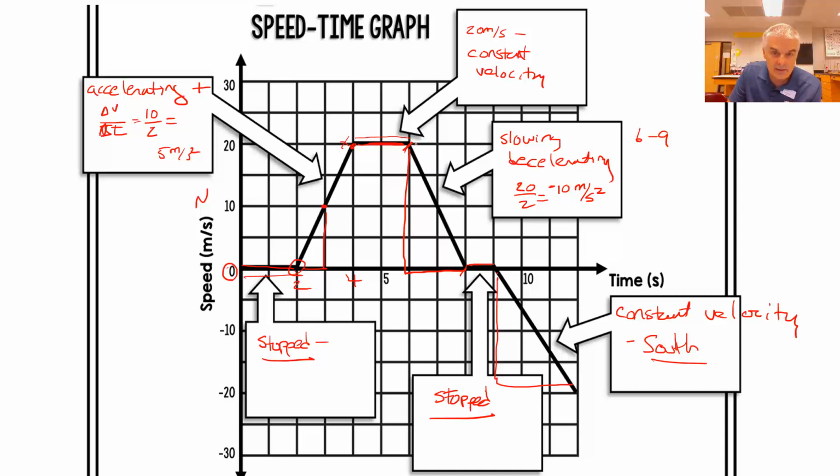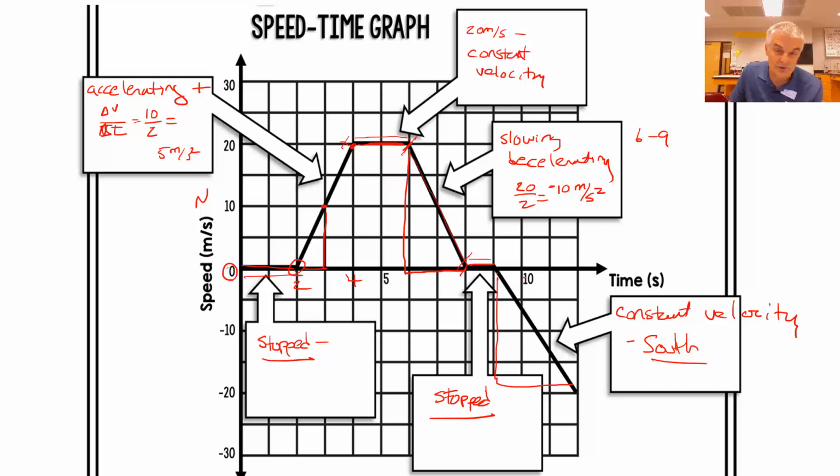And then what happens? Well, all of a sudden, let's say right here, he hears some sirens. And what do you do when you hear sirens? You slow down because you've got to get off to the side of the shoulder as the ambulance comes by or whatever. And so he decelerates, he slows down, and then he pulls over and he stops for this interval. I think it's just 1 second as the emergency vehicle passes.